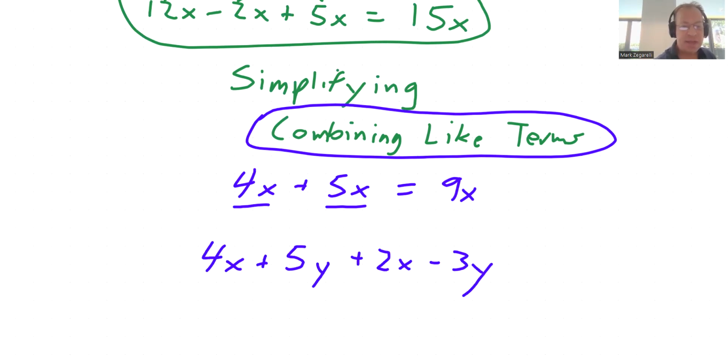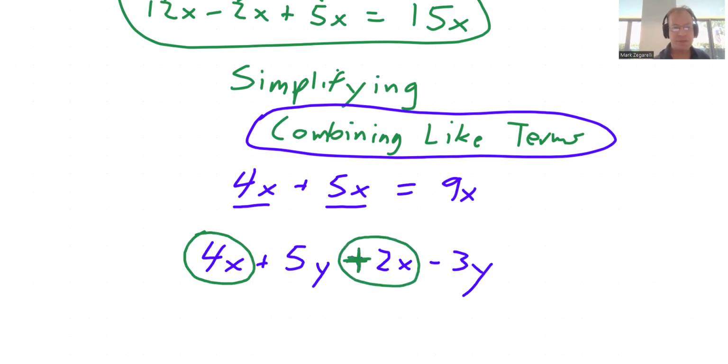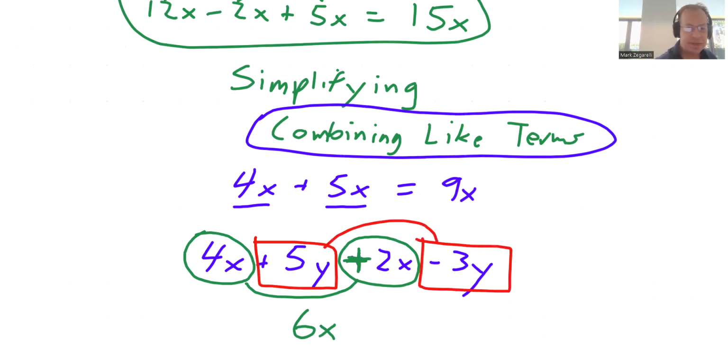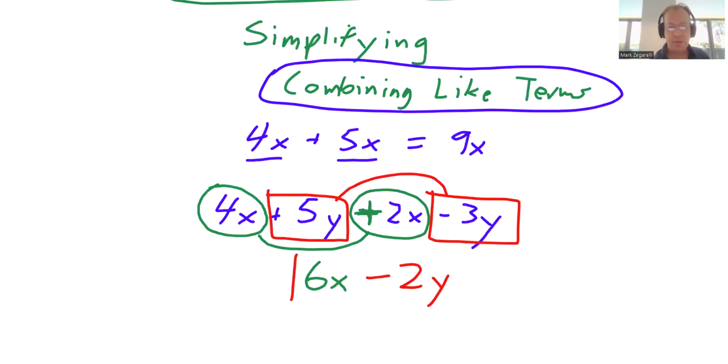This 4x happily pairs with this 2x, and notice that I'm keeping the plus sign from in front of this. And they come together as a nice 6x. But then this 5y minus a 3y can also be combined as 2y because 5 minus 3 is 2. This is the most simplified version of what we started with.